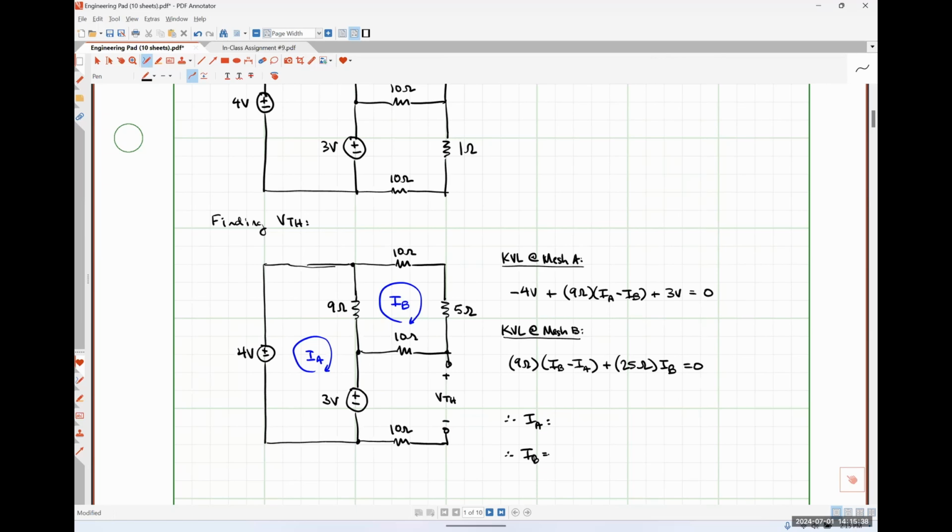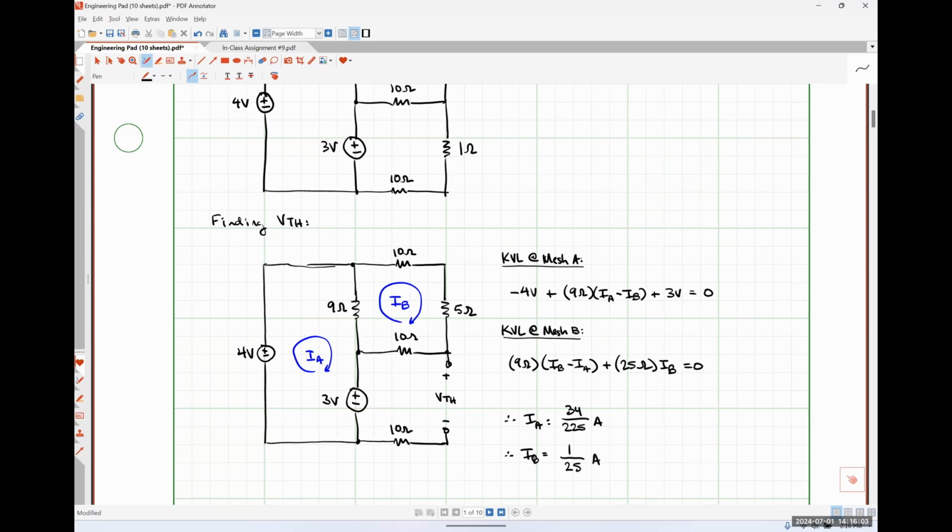My coefficient for IB is 9 plus 25. And my constant term is 0. And so when I solved this, I got currents of 34 over 225 amps and 1 over 25 amps.